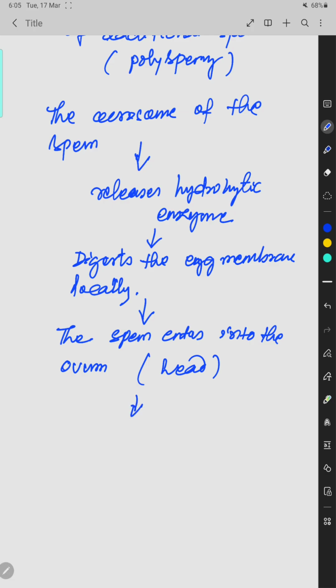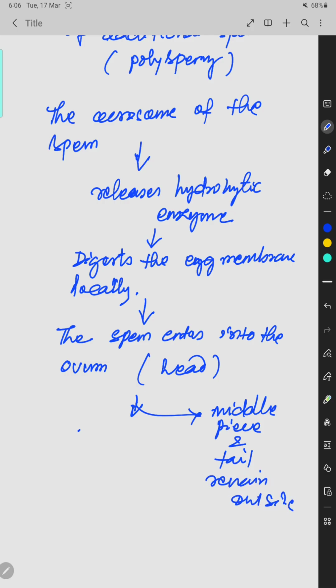The middle piece and tail remain outside. The head contains the large nucleus, and the nucleus along with the head enters into the cytoplasm of the ovum.